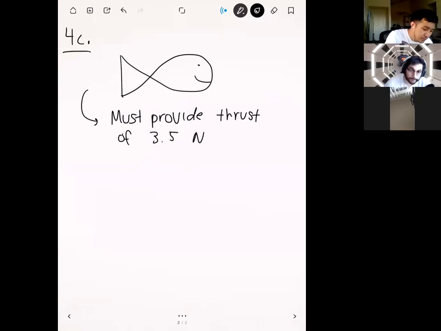And of course, since the fish is moving, we have a moving control volume. I gave you V Dory in the problem as 0.35.